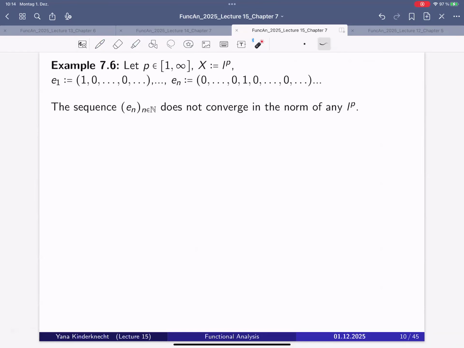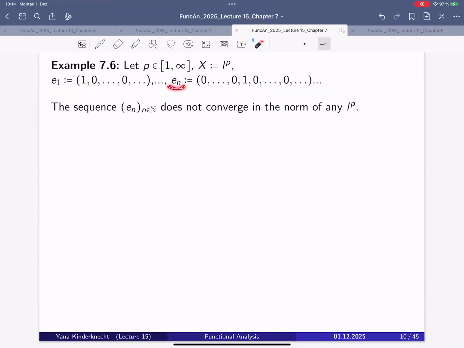Examples. Let us play with some particular examples to see what happens. First of all, let us consider the space LP for P from 1 including 1 to infinity including infinity. In this space of sequences, LP, we may consider this Schauder basis. These are vectors with coordinates, E1 is 1, 0, 0, 0, and so on.